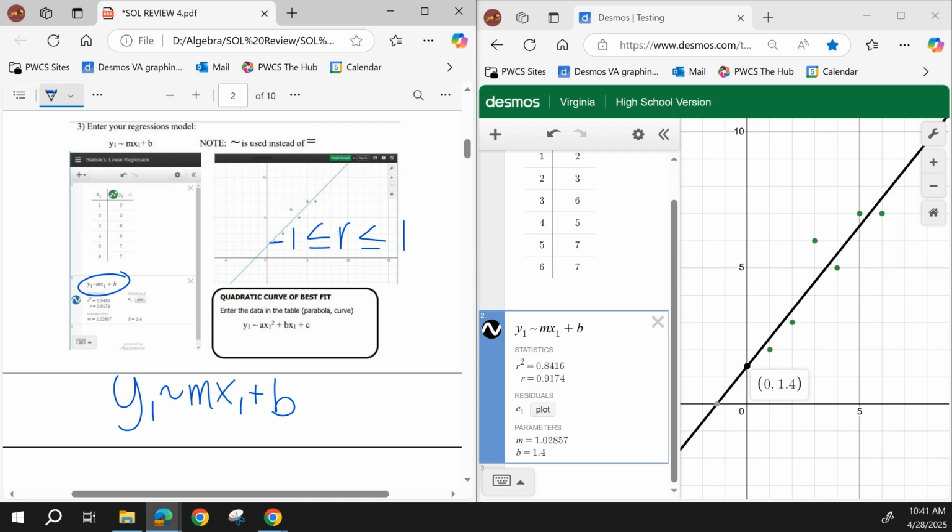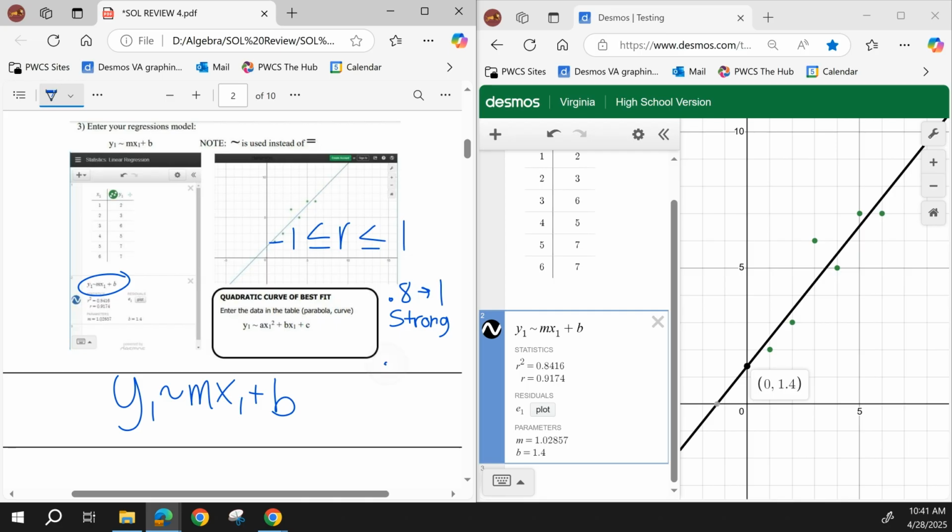So just for the sake of having an idea, anything from 0.8 to 1 is strong. If I were to get an r value like 0.84 or 0.91, that's a strong relationship. That means there's a very strong relationship between whatever our x and our y's are.